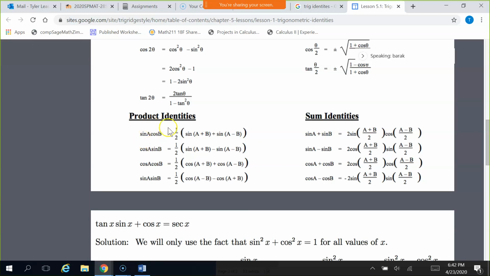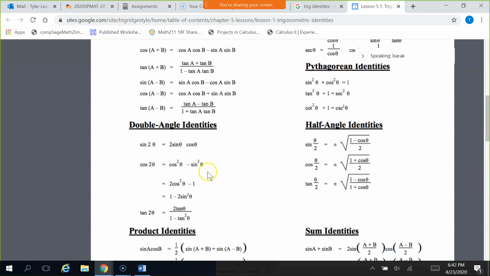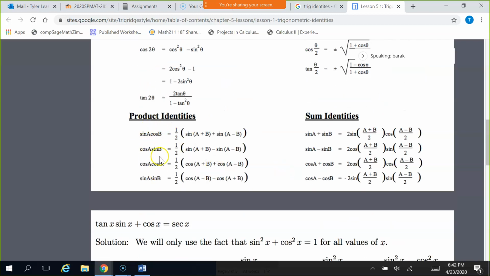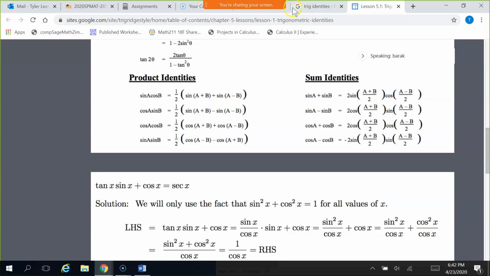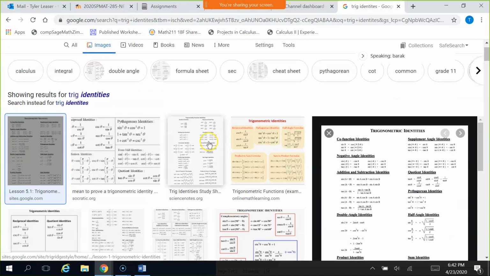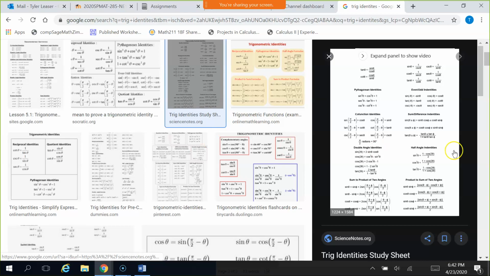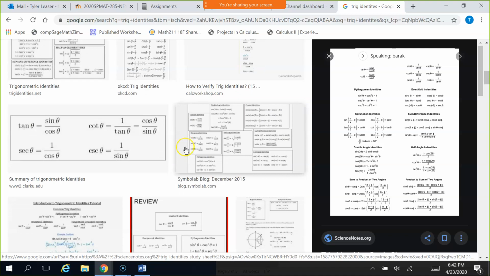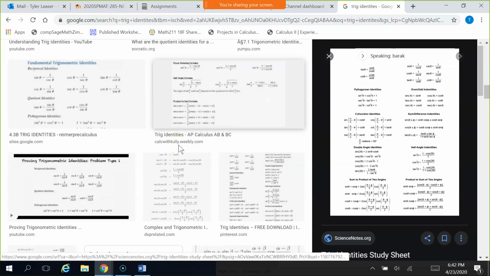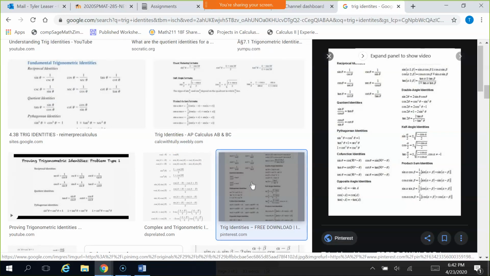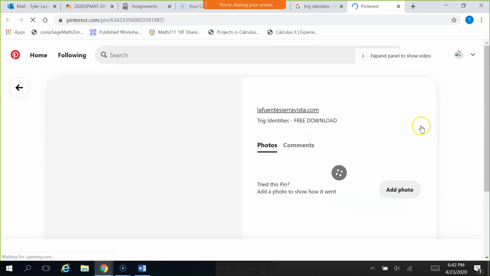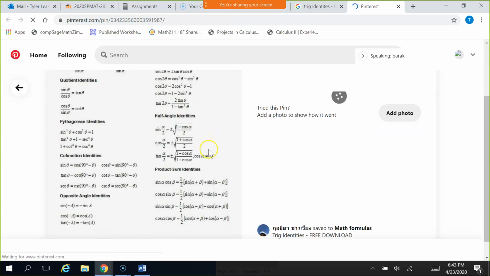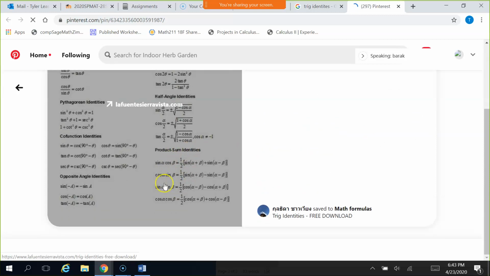There it is, down there at the bottom. Product identities. Is this the sheet I gave you? No, it looks different. You gave us one similar to it. Yeah, it looks close. Maybe it's still over here. That's still not it. This looks right. Yeah, that one looks good. So it's one of these bottom ones down here.